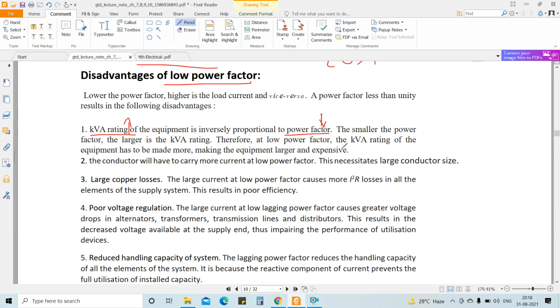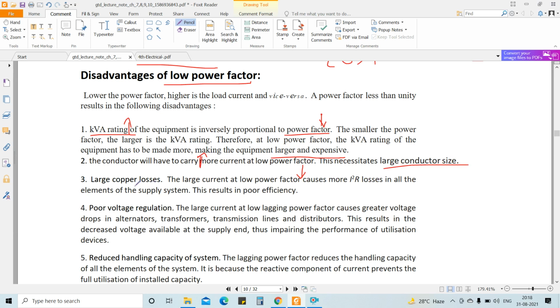Therefore at low power factor, the KVA rating of the equipment has to be made more, making the equipment larger and expensive. Then the conductor will have to carry more current at low power factor, so the current in any conductor is more, and this necessitates larger conductor size.